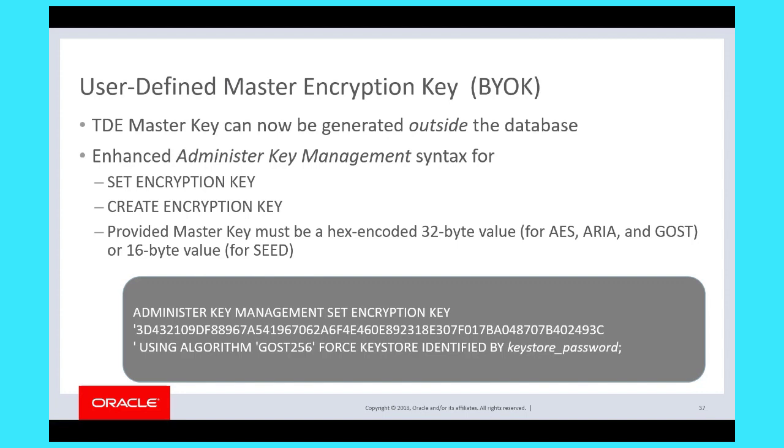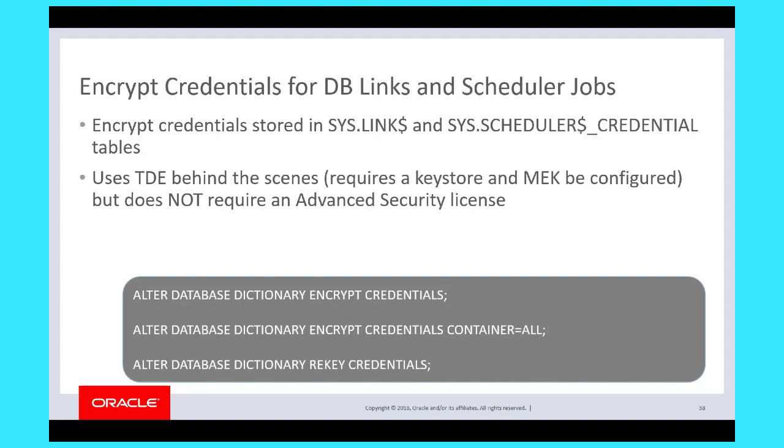Not part of advanced security, but very important, we have given you the ability now to encrypt credentials stored in link$ and scheduler$credentials. Both of these tables contain usernames and passwords that are used by the database to either do activity, scheduler jobs, or to connect to other database links.